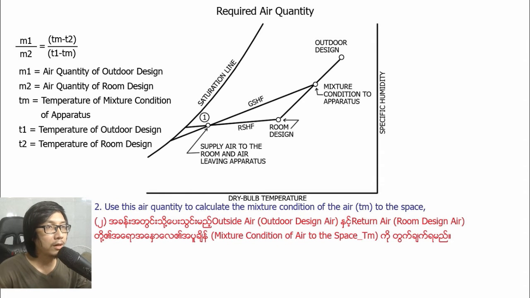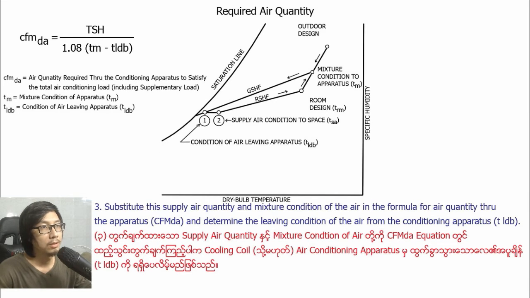Use this air quantity to calculate the mixed condition of the air TM to the apparatus. Number 3. Substitute this supply air quantity and the mixed condition of the air in the formula for air quantity through the apparatus CFM DA, and determine the leaving condition of the air from the conditioning apparatus, TLDB.